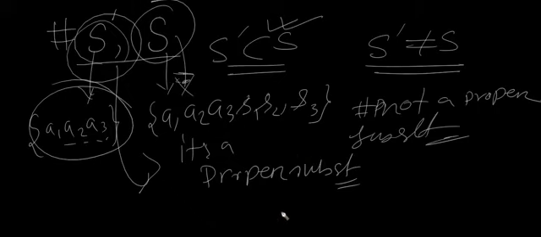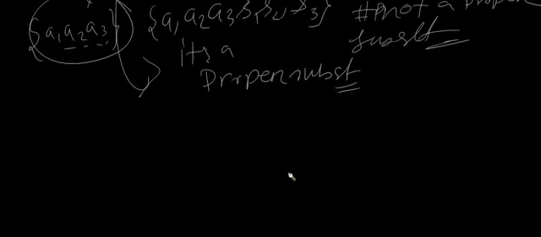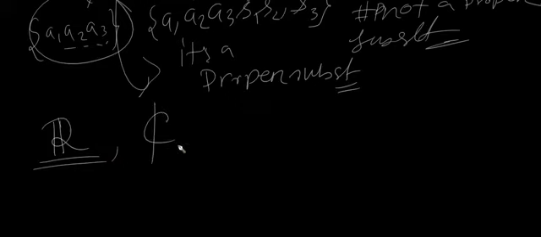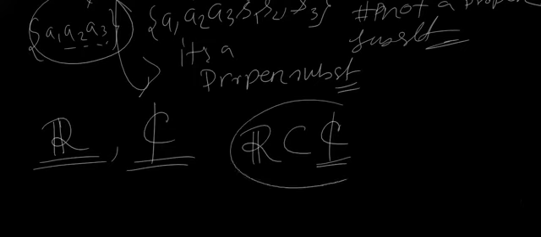And we can say that, let's say we are taking examples from our real and complex numbers. So let's denote the set of real numbers as this bold R and the set of complex numbers like this. We can immediately conclude that the real numbers are a proper subset of the complex numbers, right?